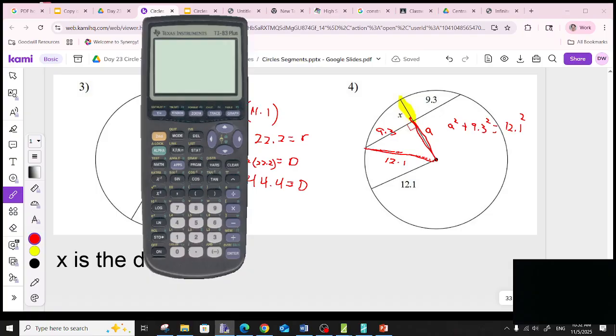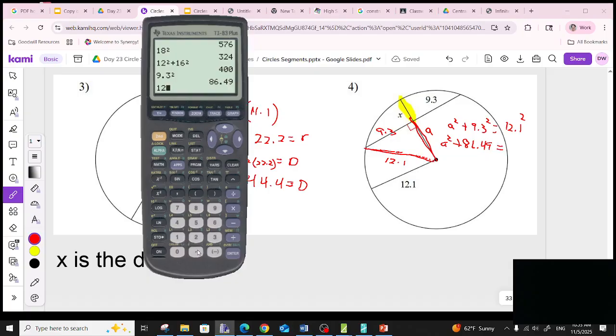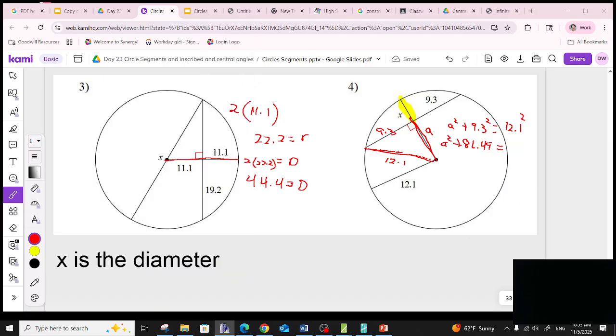So I'm going to turn my calculator on. 9.3 squared is 86.49. And then I'm going to have 12.1 squared, which is 146.41.